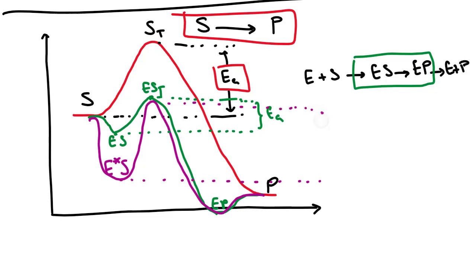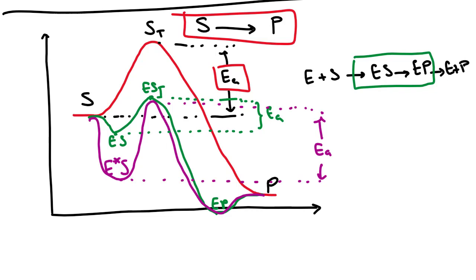You can see the difference is much bigger. The energy of activation is much higher. It's even in this picture that we have, the energy of activation of this mutated enzyme catalyzed reaction is higher than the uncatalyzed reaction. So an enzyme binding its substrate very strongly is not actually a good thing.